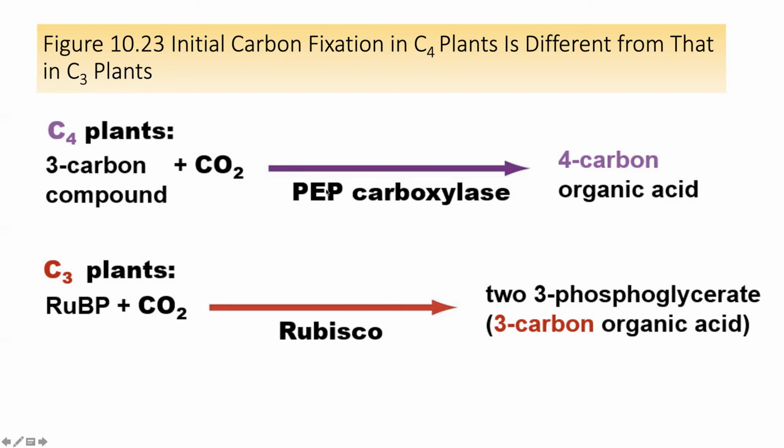So for a C4 plant, they have this enzyme known as PEP carboxylase, where our C3 plants used rubisco. And we basically generate a 4-carbon organic acid through this reaction for the C4 plants. And in the C3 plants, this is where we get our 3-PGA, so that 3-phosphoglycerate molecule, right? Which is also an organic acid.